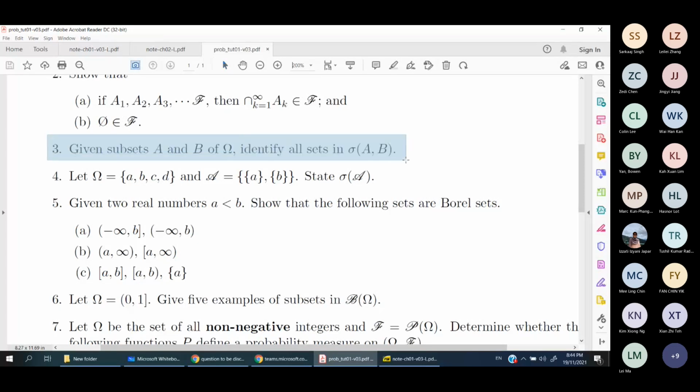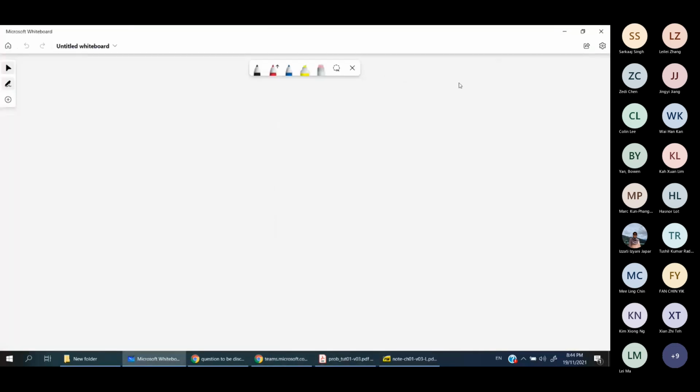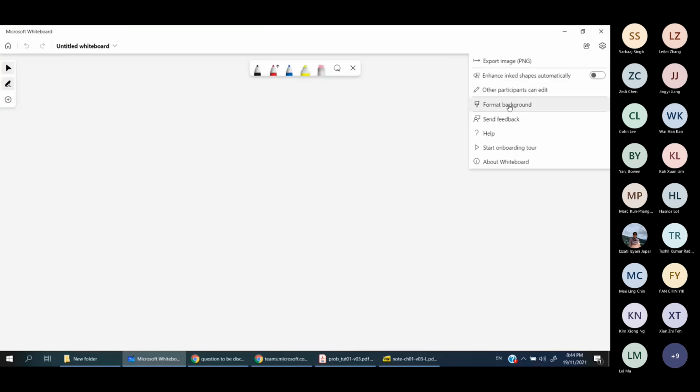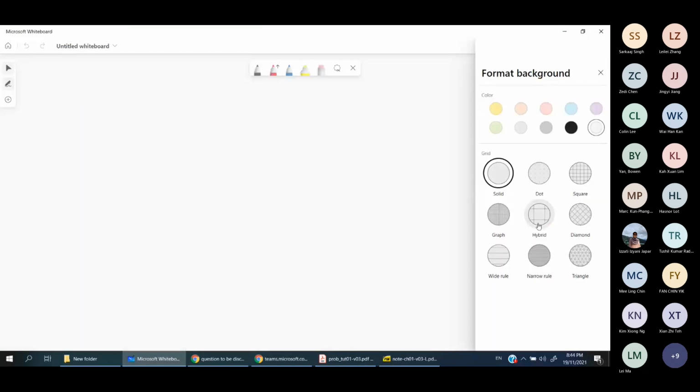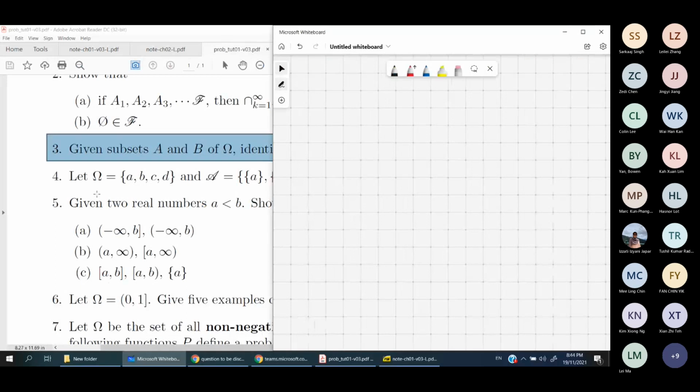This is question 3. How come I cannot paste it over here? Got it.